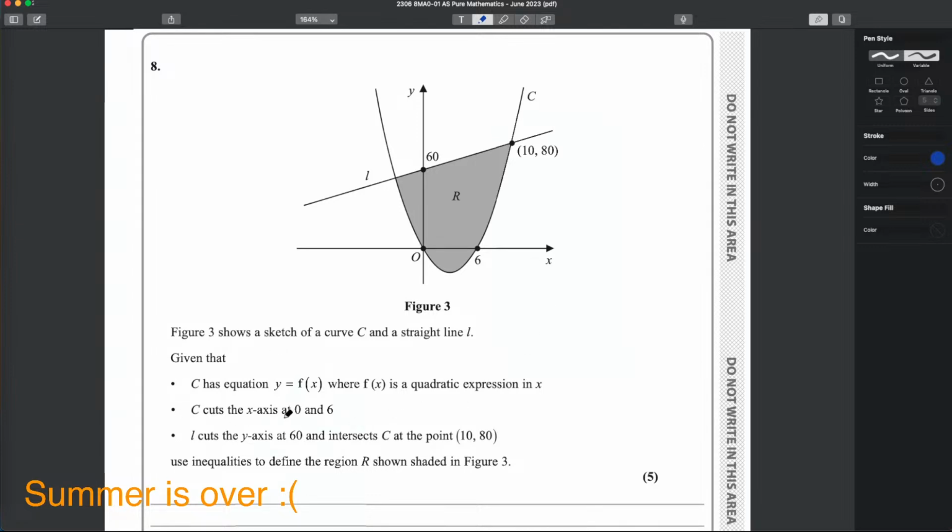C cuts the x-axis at 0 and 6. L cuts the y-axis at 60 and intersects C at the point 10, 80. That's all there on the graph. Use inequalities to define the region R shown shaded in figure 3.